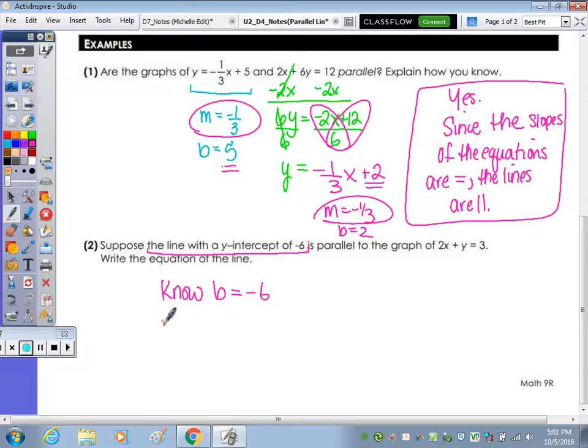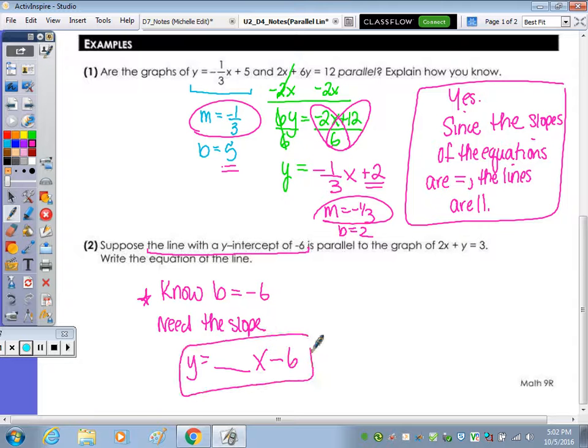We need to know the slope. I already have my y equals, I need my slope x, and I know it's going to be -6. That's my answer.